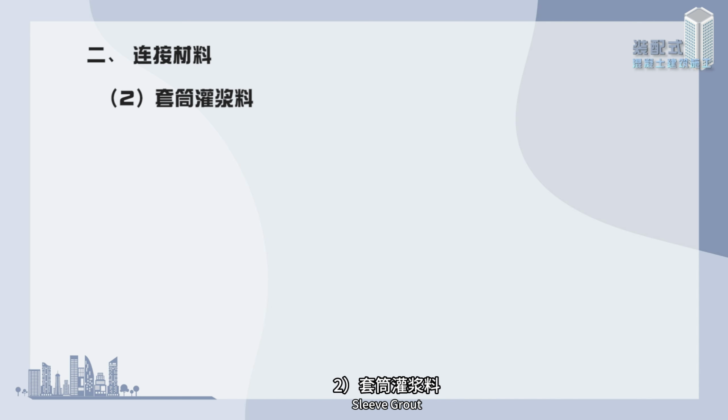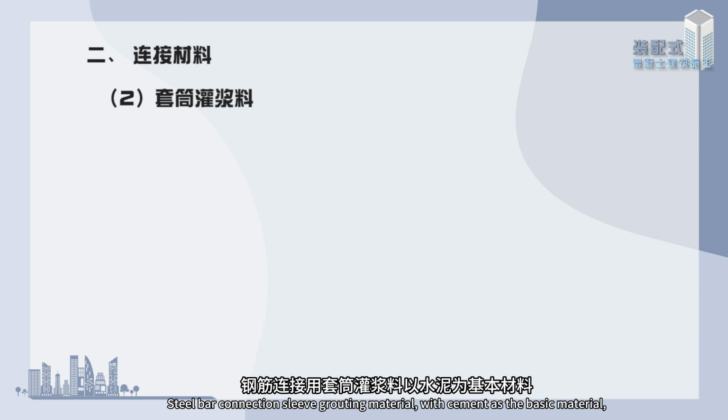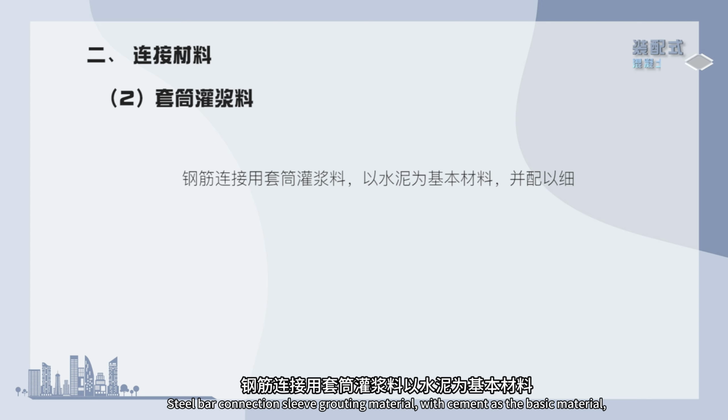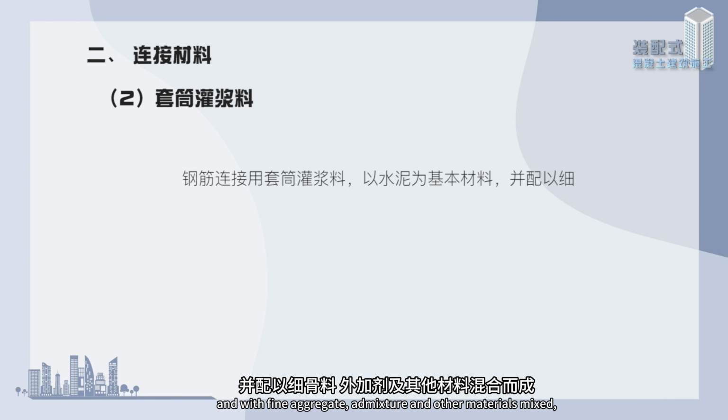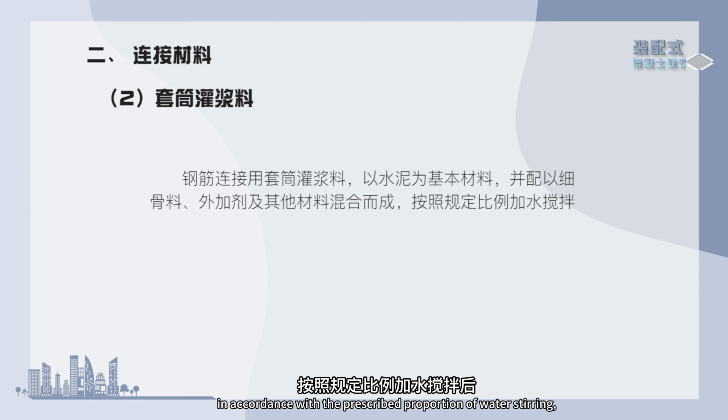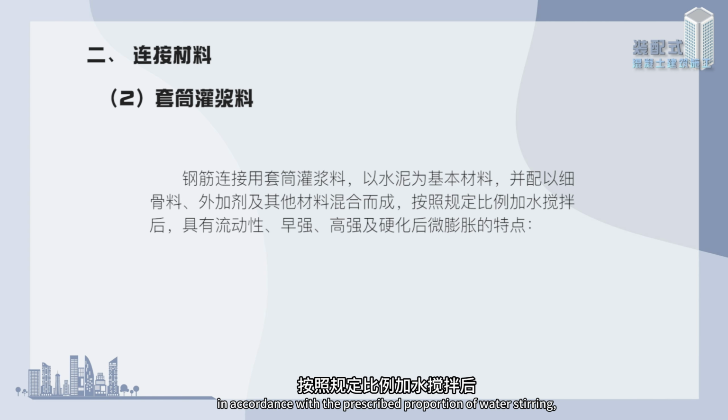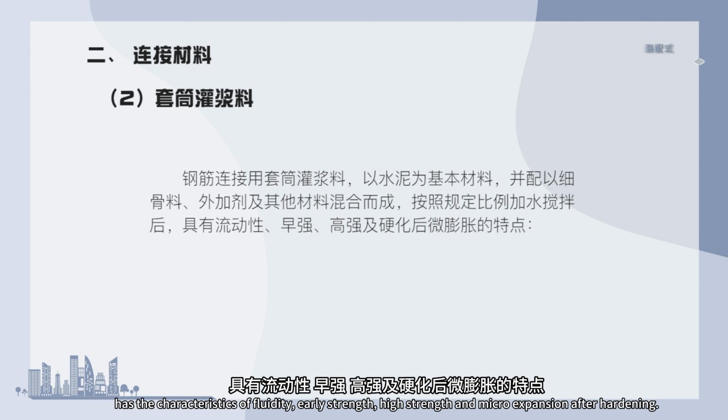Sleeve grout. Steel bar connection sleeve grouting material has cement as the basic material, mixed with fine aggregate, admixture, and other materials. In accordance with the prescribed proportion of water, stirring, it has the characteristics of fluidity, early strength, high strength, and micro-expansion after hardening.